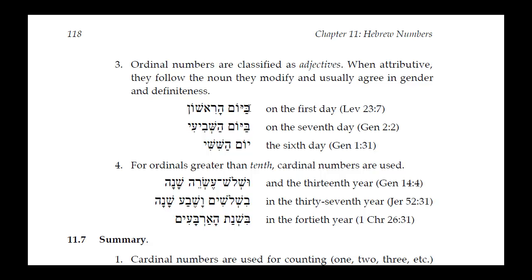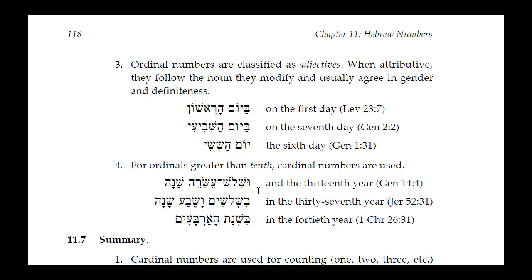The noun with the preposition comes first, and then the ordinal number, acting like an attributive adjective, comes right after the noun it's modifying and agrees in gender and definiteness. Yom hashevi'i, the seventh day. Yom hashishi, the sixth day.